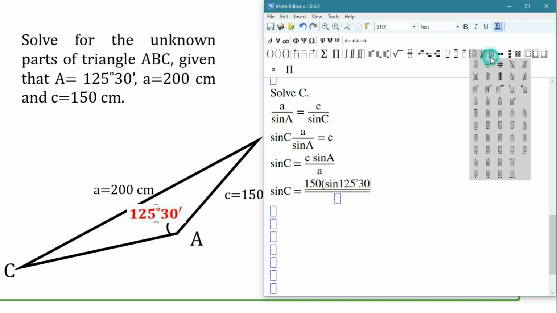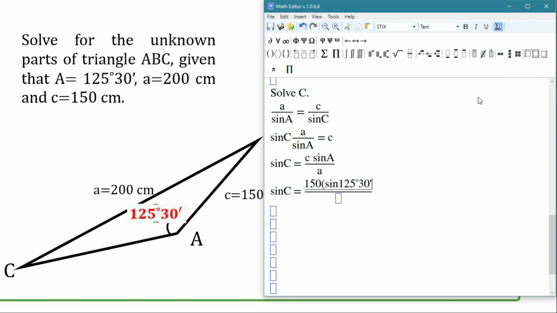You can also convert it into decimal degrees if you want to, but we can enter it in the calculator in DMS, over the value of a, which is 200. We could get the value of sine of 125 degrees and 30 minutes first before multiplying by 150 over 200.